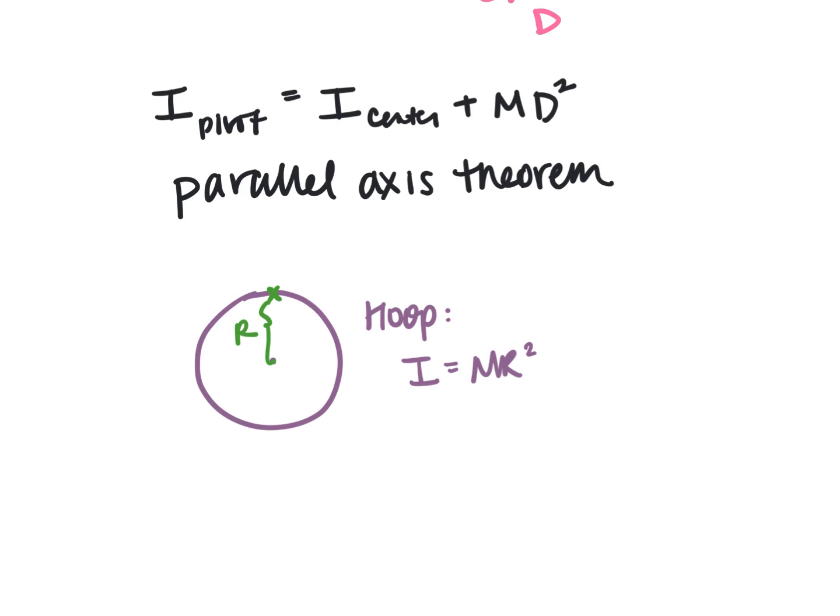So the rotational inertia using the parallel axis theorem will be m r squared plus the mass of our hoop times the distance it's offset, which in this case would be equal to r squared. And we get 2 m r squared.